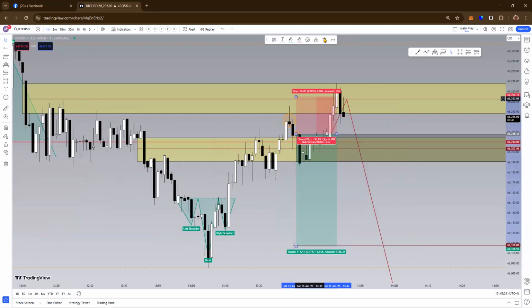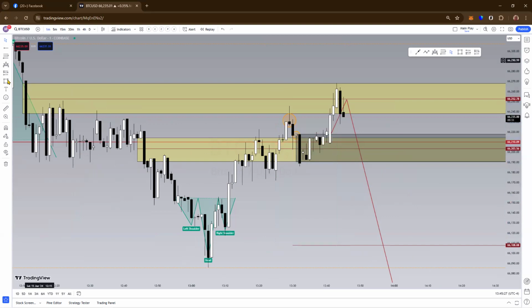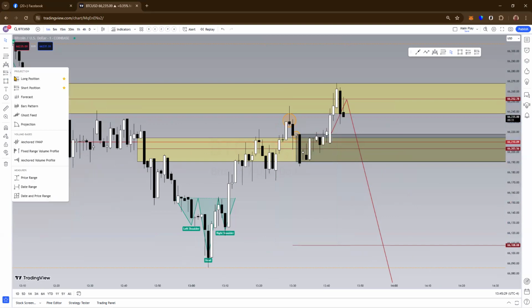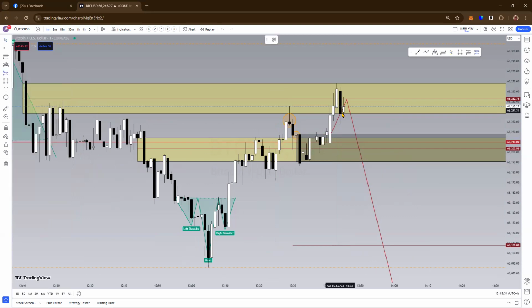Let's say we got in on this bearish engulfing candle, right? And let's stretch this out for a short sell. So let's say we got in over here. I'm going to stretch it out to 3.